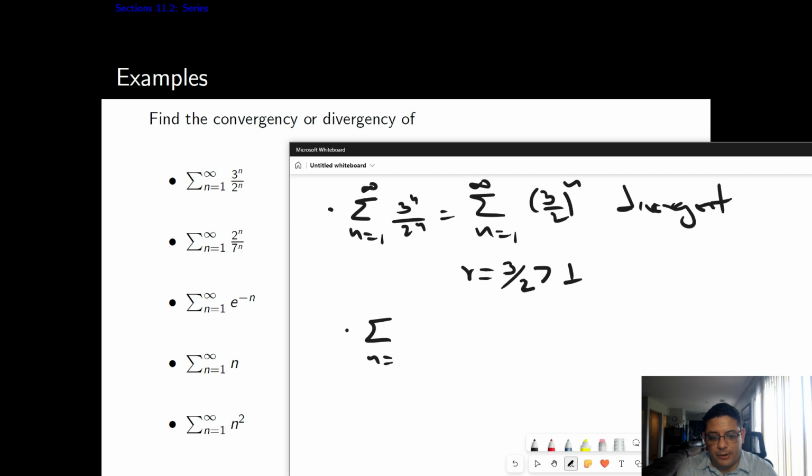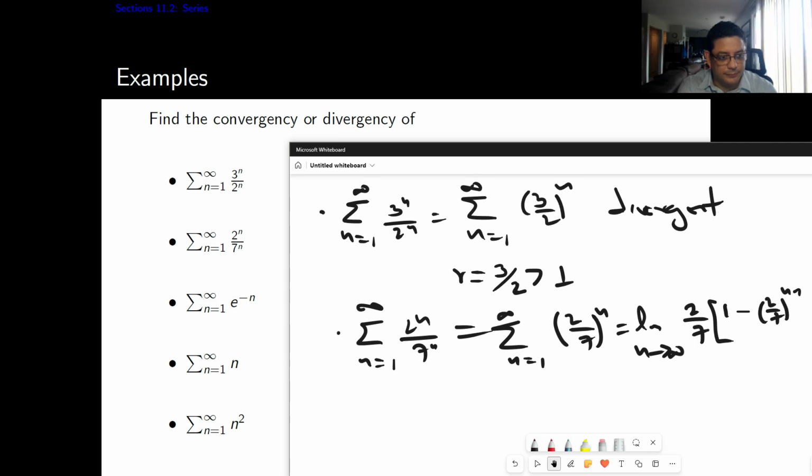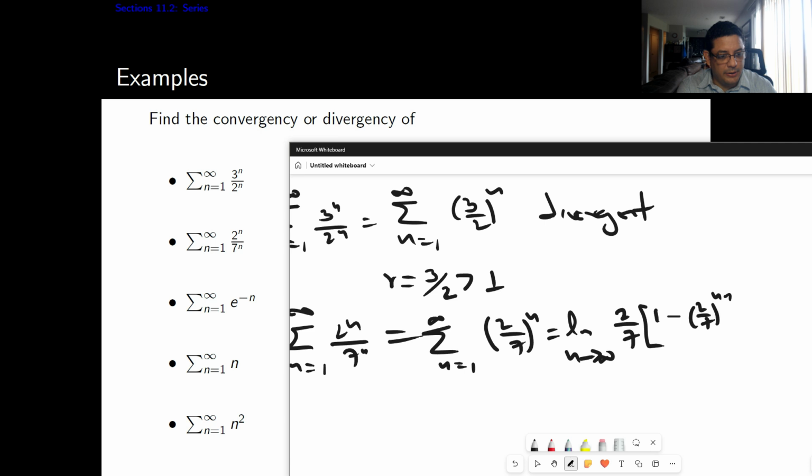Similarly, for the second series, we have 2^n over 7^n, but that can be seen as the sum from n equals 1 to infinity of (2/7)^n. We know this is just going to be the limit of the n-th partial sum, which is 2/7 times (1 minus (2/7)^n) over (1 minus 2/7).